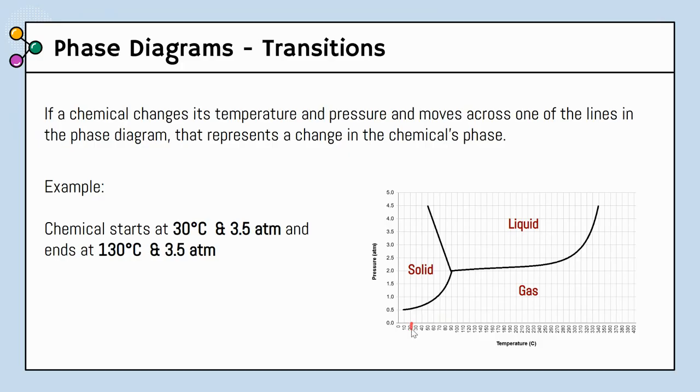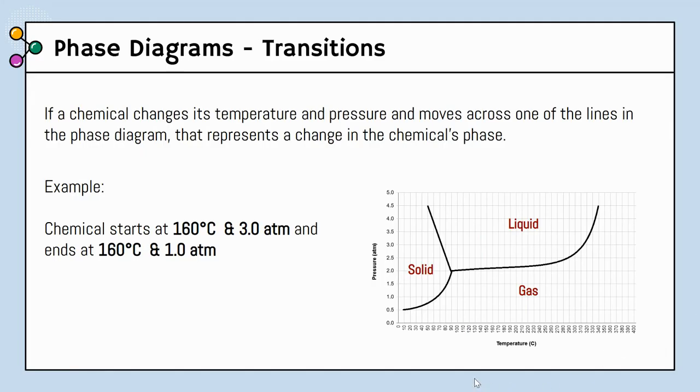So right here is my starting point, and my ending point is at 130 Celsius and 3.5 atmospheres, right around here. In this case, I can see this is going from the solid phase to the liquid phase. As we talked about on an earlier slide, when a solid transitions into a liquid, this is melting.